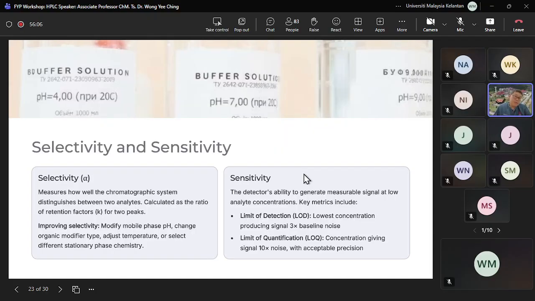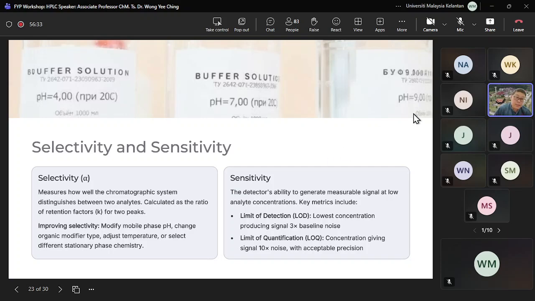So for selectivity and sensitivity, selectivity measures how well your chromatographic system distinguishes between two analytes, or two different compounds, by the retention factor, your k, for the two peaks. To improve selectivity, you basically need to check your mobile phase pH.